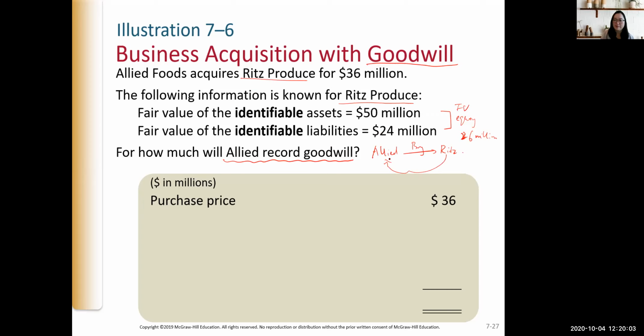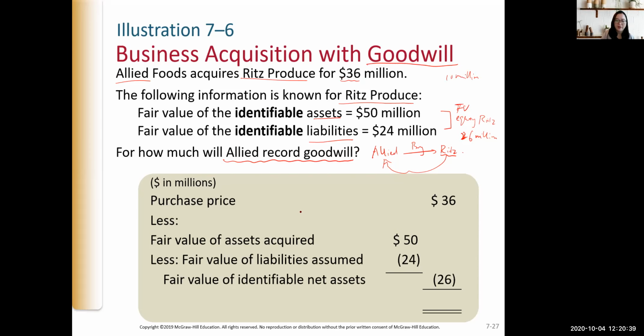Reed's assets and Reed's liabilities become part of Ally's assets and Ally's liabilities. And as we see, the fair value of the equity of Reed's should be $26 million, but Ally bought Reed's for 36 million. Hence there's 10 million extra, higher than what the real equity is, the fair value of equity.